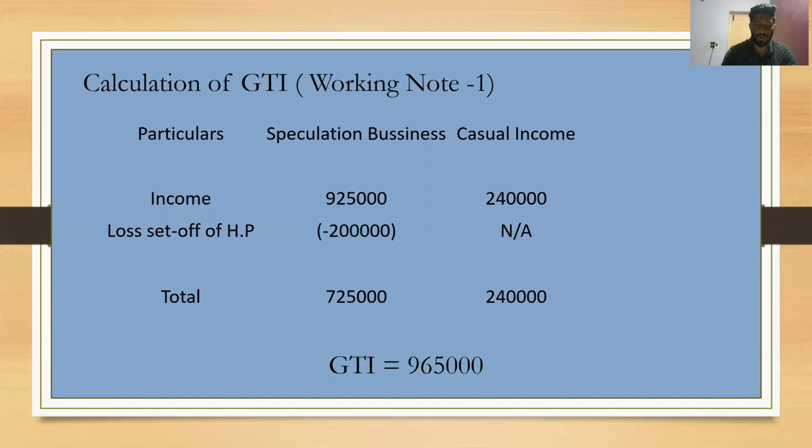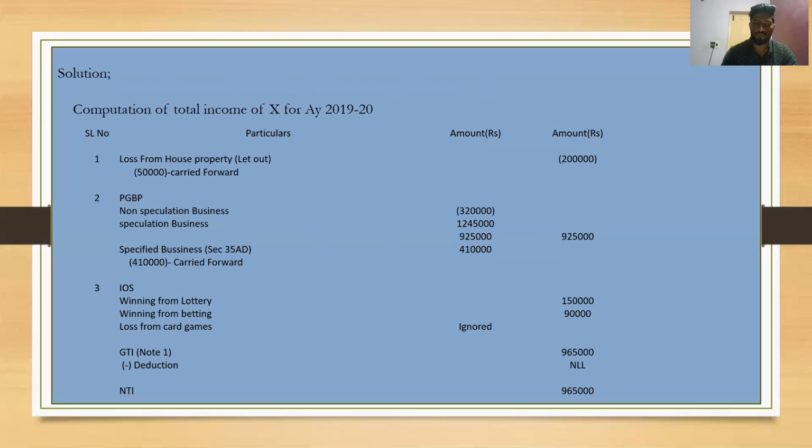So the total amount we have after deducting the set off is 7,25,000. How we got 7,25,000: 9,25,000 minus 2 lakh leads to 7,25,000, and 2,40,000 is the income we got from winning from lottery plus winning from betting.